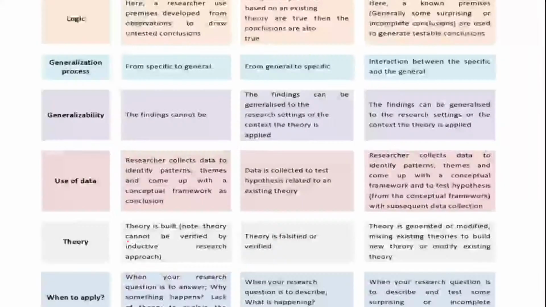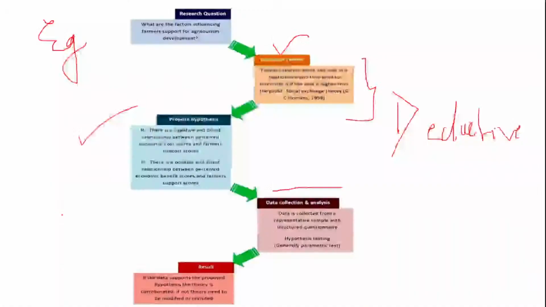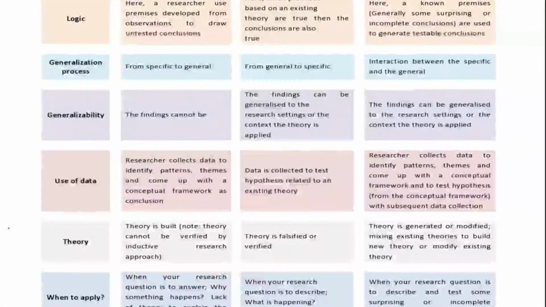Going ahead, in case you have not understood the approaches of research, we will see them one by one. The first is your inductive approach, this is your deductive approach, and this is your abductive approach.